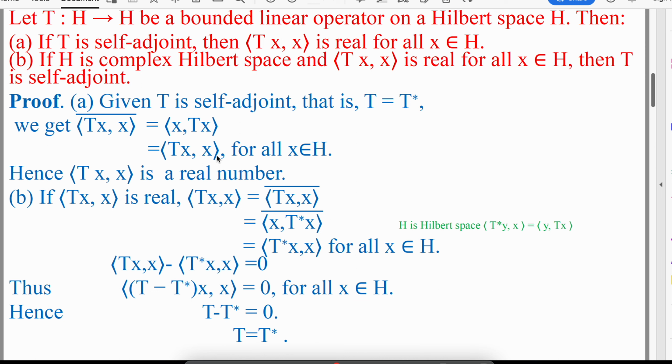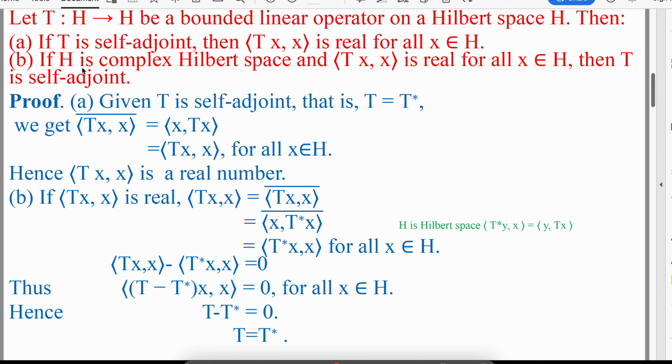In the case of self-adjoint, the inner product of x with Tx is equal to the inner product of Tx with x for all x belonging to H. So we have proved that the conjugate of the inner product is equal to the inner product itself. It means this is a real number. Its imaginary part is 0.